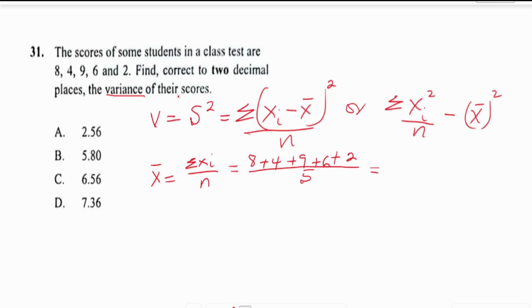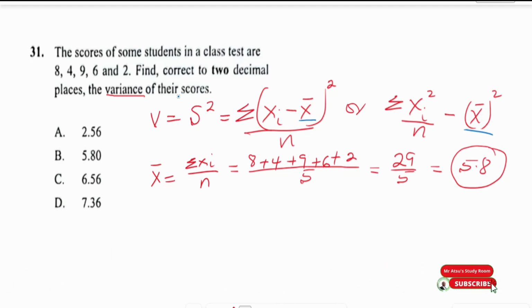That will give us 29 for the summation divided by 5, and that equals 5.8. So this is the arithmetic mean, which we will be substituting here. If we use this formula, wherever we see x bar, we substitute 5.8 there.